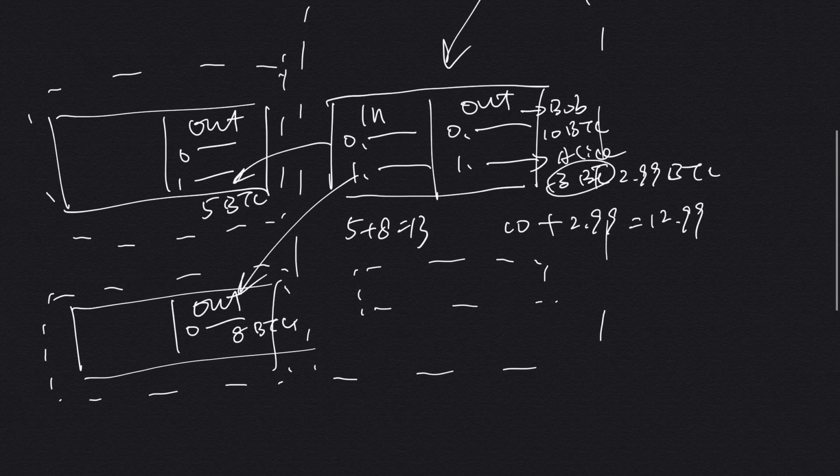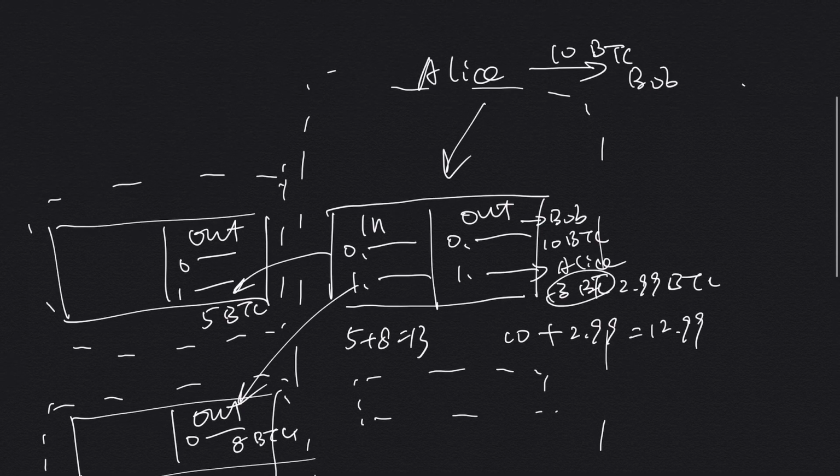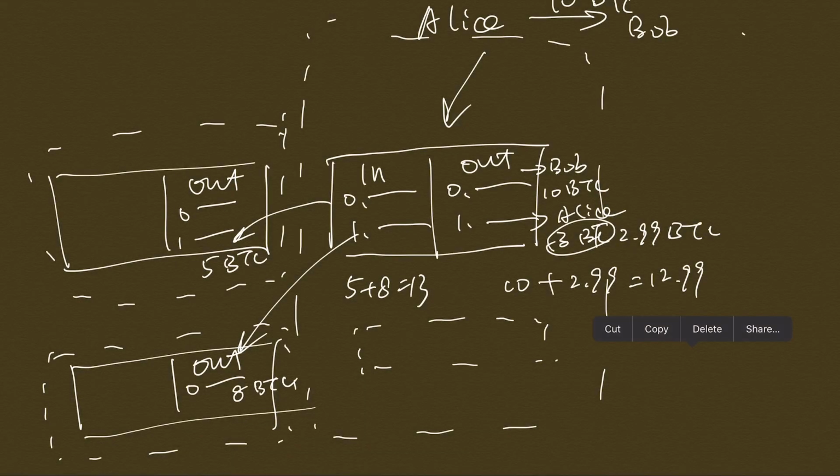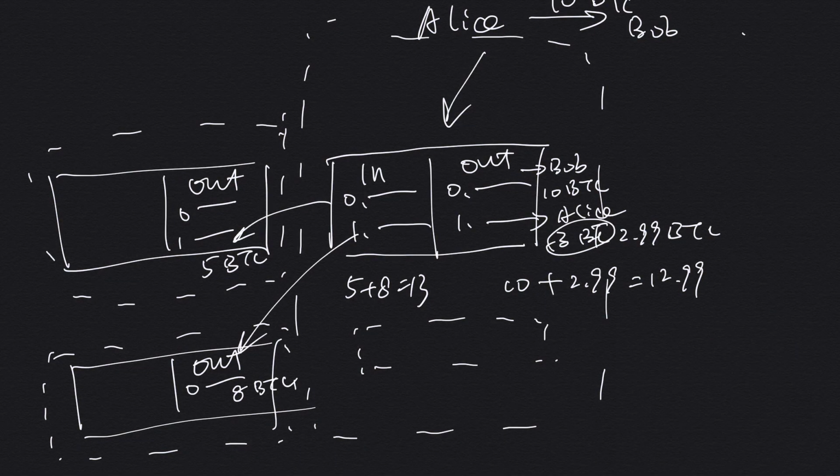So you may be wondering, since Alice wants to send coins to Bob, it seems there's no easy way to know the balance that Alice has. When the wallet wants to create a transaction and Alice wants to send 10 Bitcoins, the wallet doesn't know how many Bitcoins Alice has.